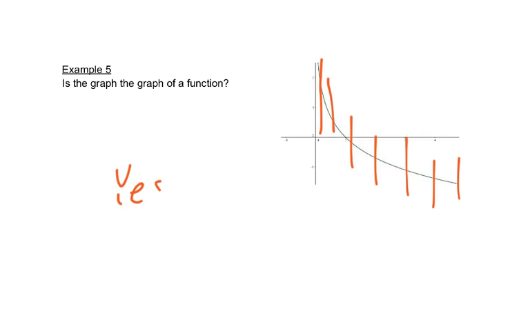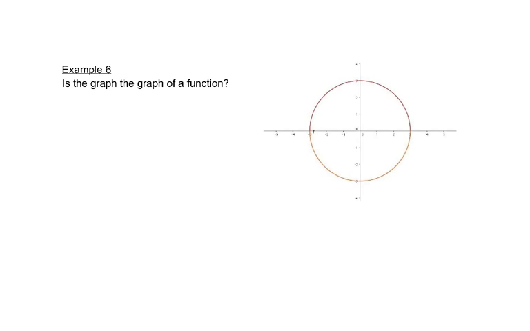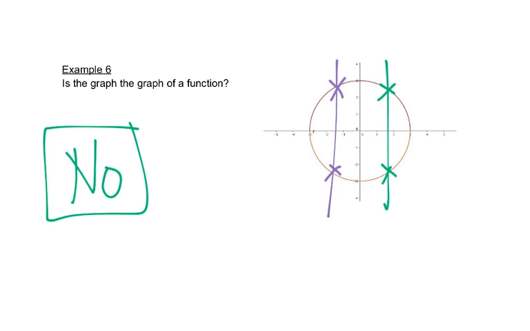So this is a function. However, here, if I draw a line here, it crosses the graph here and here. Or if I draw a line here, it crosses the graph here and here. This means it's not a function because the vertical line is crossing the graph in more than one place.